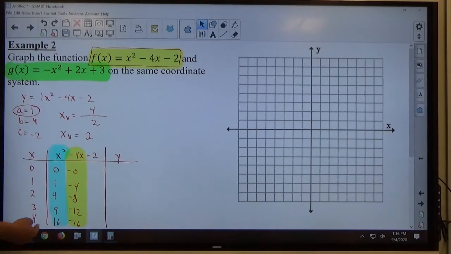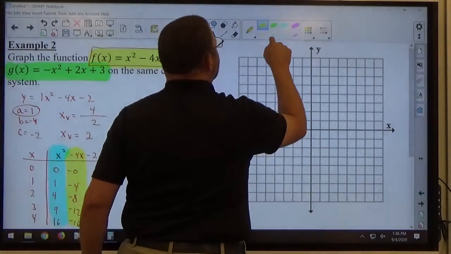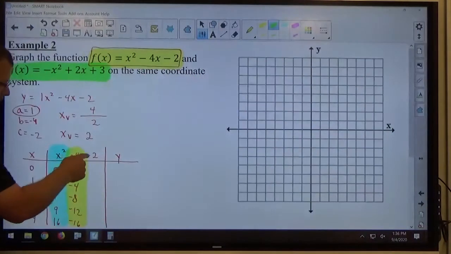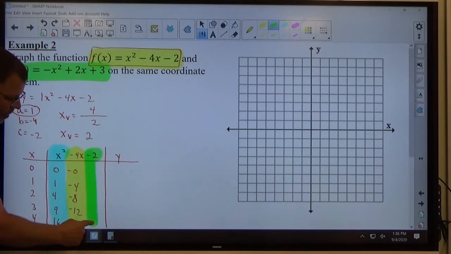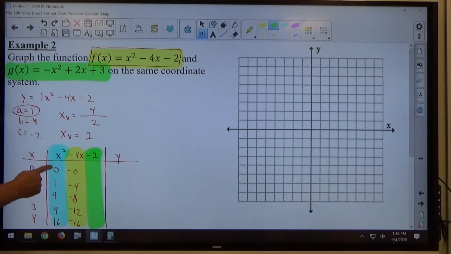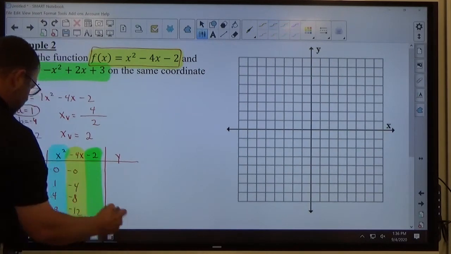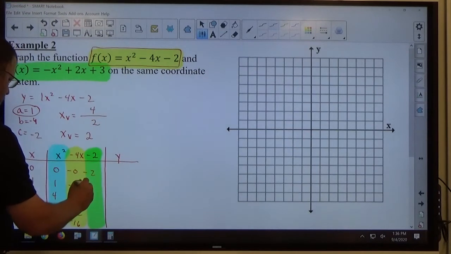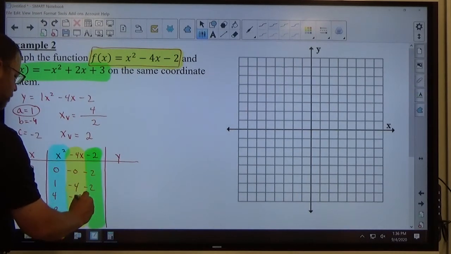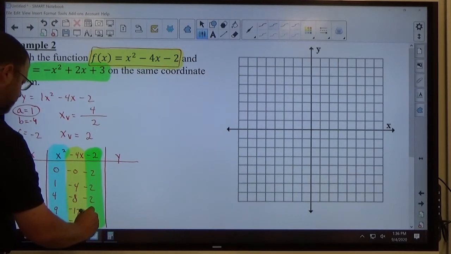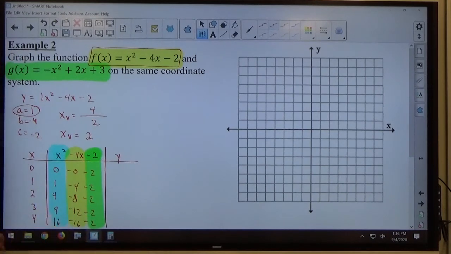And then the final piece of this trinomial, this 3-term polynomial, is the constant term of negative 2. No matter what x equals, the answer is negative 2. So if x equals 0, the answer is negative 2. 1, negative 2. 2, negative 2. 3, negative 2. 4, negative 2.